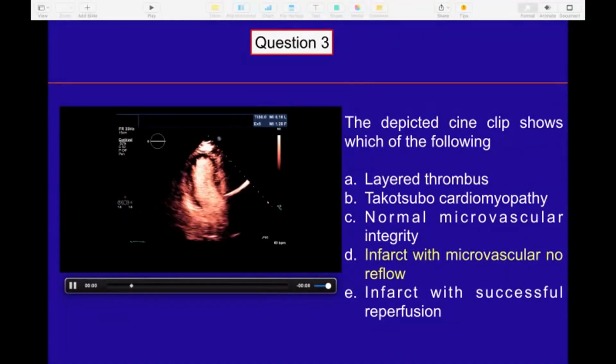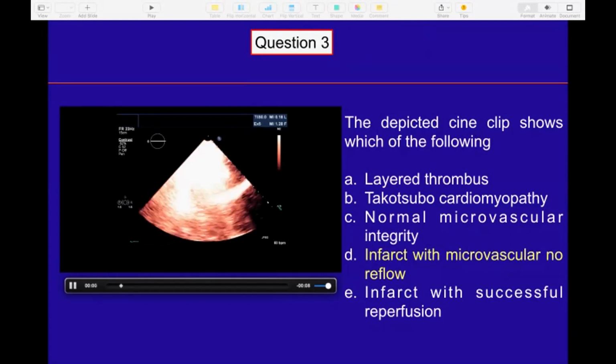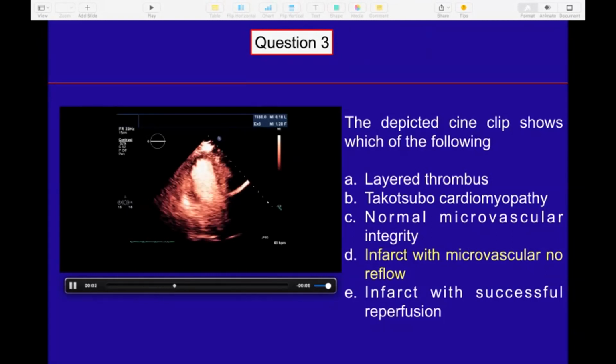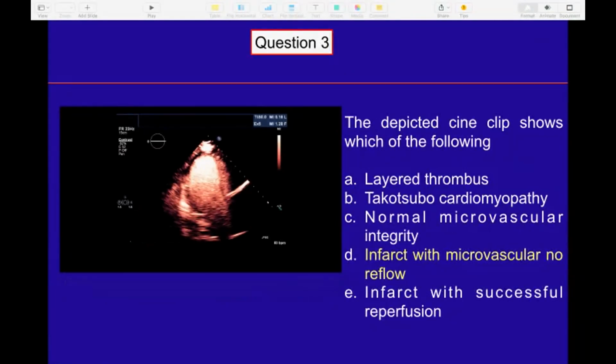You start off with lack of microbubbles in that area. And even with flash imaging, you can see that there is absolutely no replenishment of microbubbles. So this basically indicates that this patient has an infarct with microvascular no reflow. And why do I like this? I think this has got great promise, because when we actually do PCI or give thrombolytics for infarctions, we look at, is there greater than 70% ST segment resolution on your EKG as a clue for microvascular integrity.